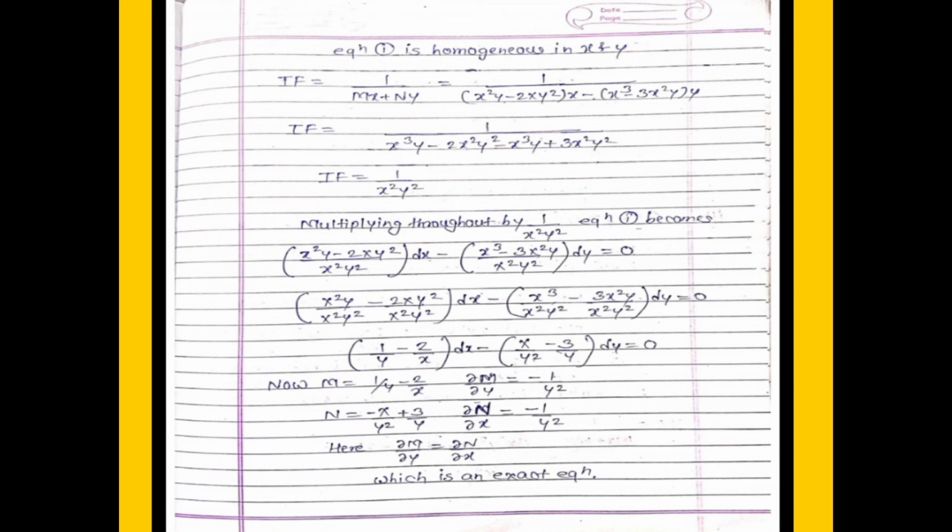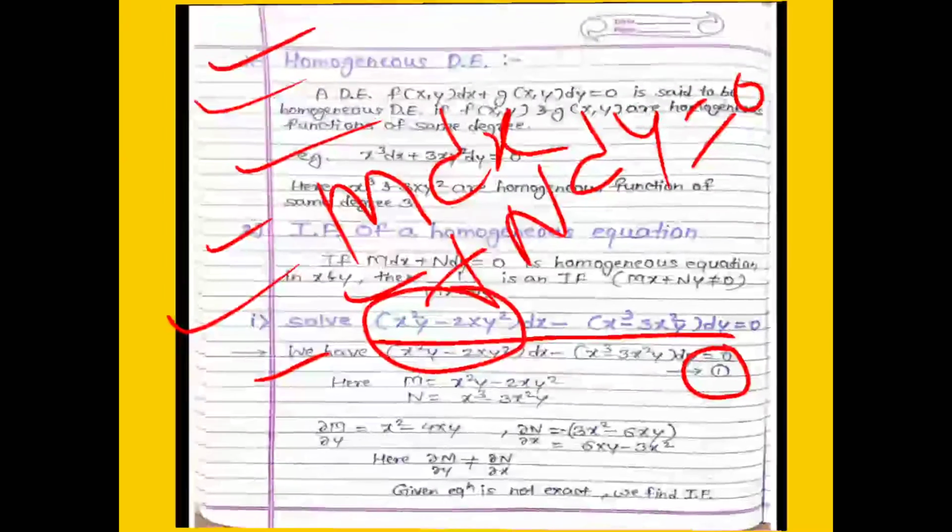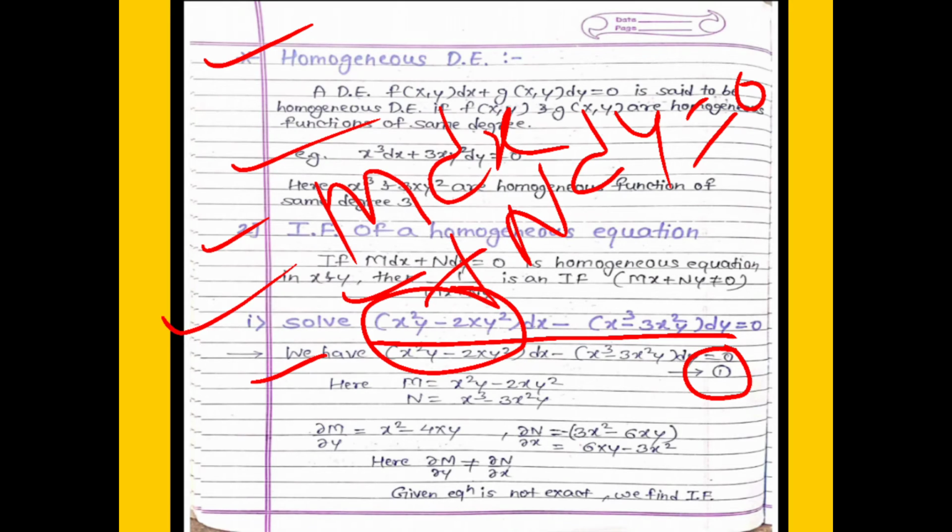For finding the integrating factor, we will use the formula for homogeneous equations, that is 1 upon Mx plus Ny. So 1 upon the value of M into x, minus y, because the value of N is given as minus. Here the value of N will be minus, as taken in this example.